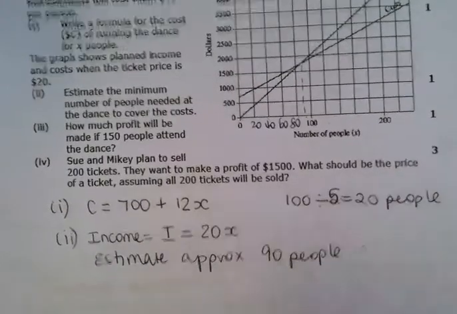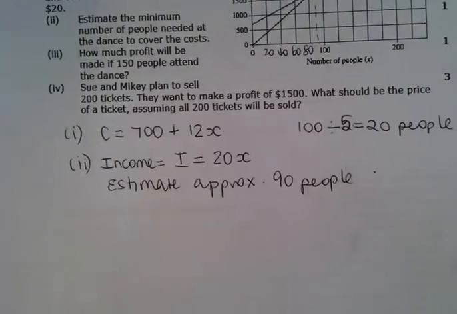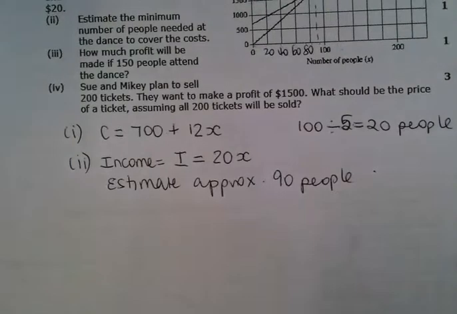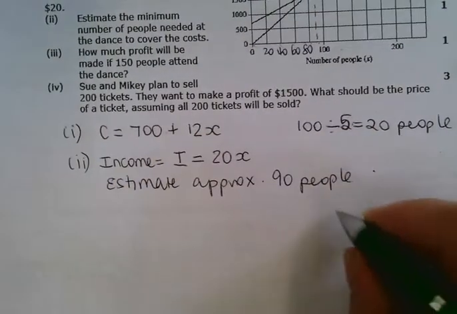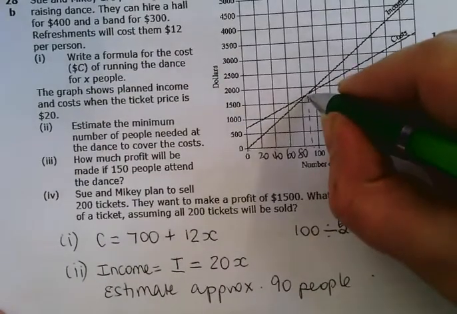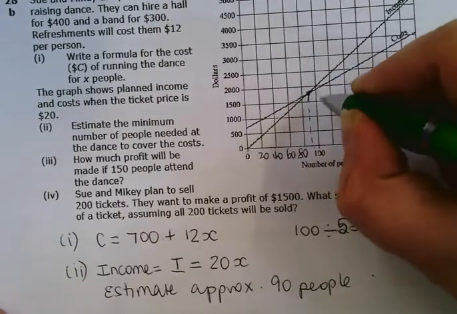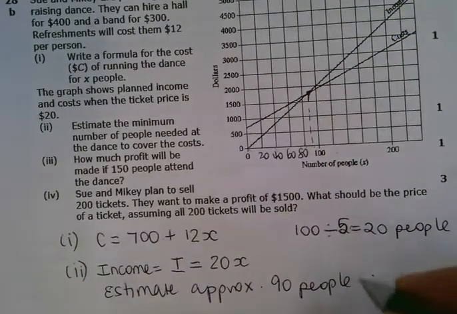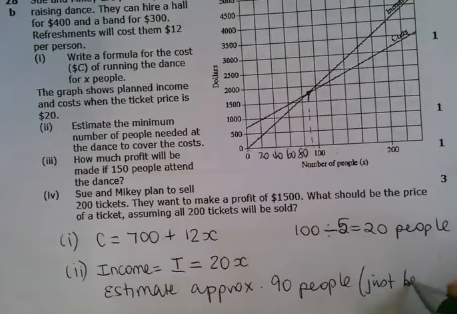But how could you tell exactly? Solve the formulas. From the graph, it's 90 people. It's only a 1-mark question. That would be enough. I think it's enough to say 90 or just under 90.